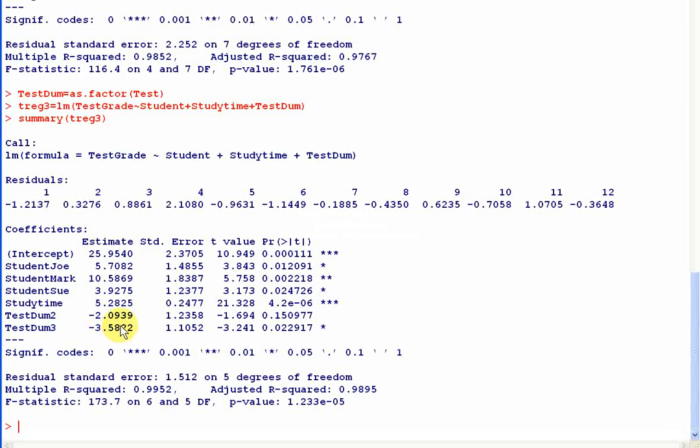The difference between test 2 and test 1 is not statistically significant. Now again, that could be for one of two reasons. Either our sample size isn't big enough, there's multicollinearity, or just the difference between the average score on test 2 and test 3 isn't big enough to be sure that this isn't zero.